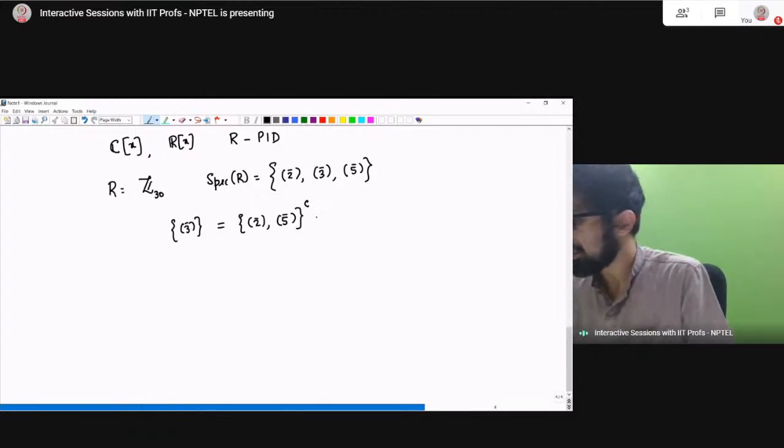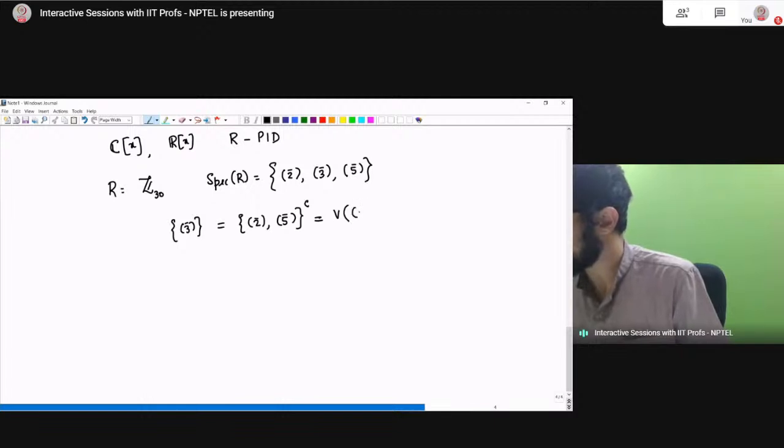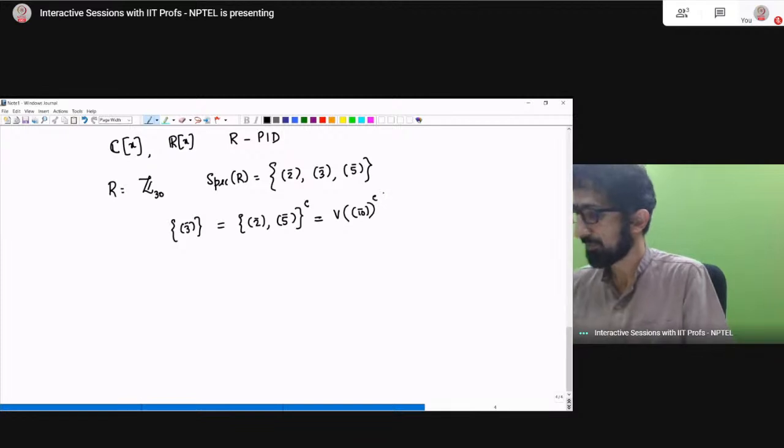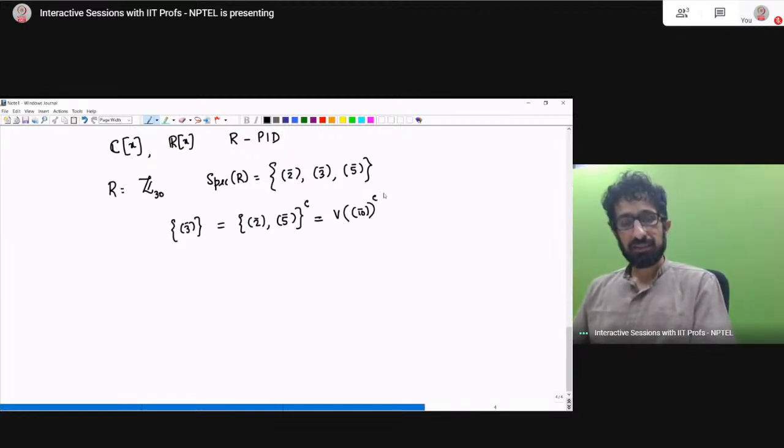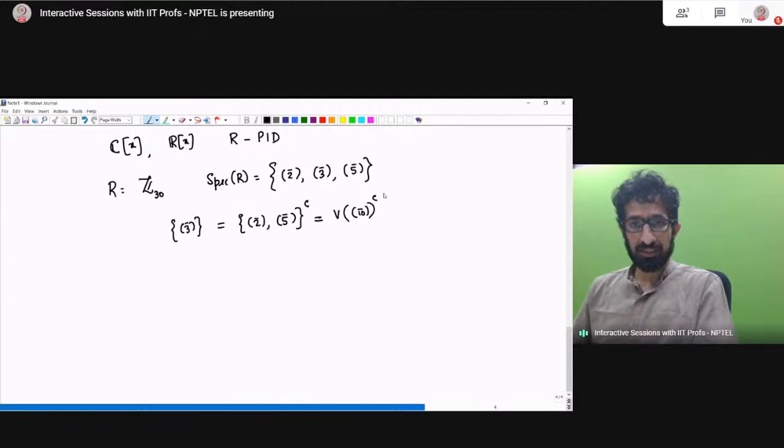But what is this? If I take the ideal generated by 10 bar, then the prime ideals containing the ideal generated by 10 bar are nothing but 2 and 5. Therefore, 3 is the complement of this one.